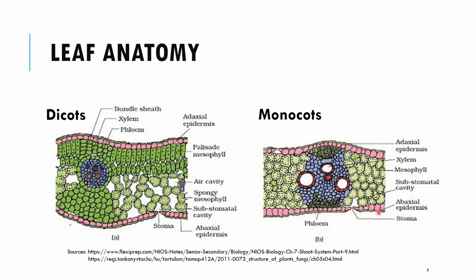In the case of isolateral leaves, the mesophyll tissue is not differentiated, and the mesophyll is composed of one type of cell.